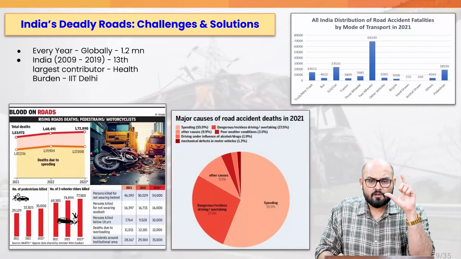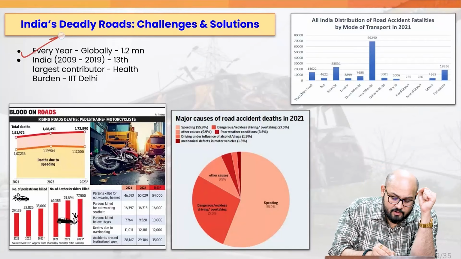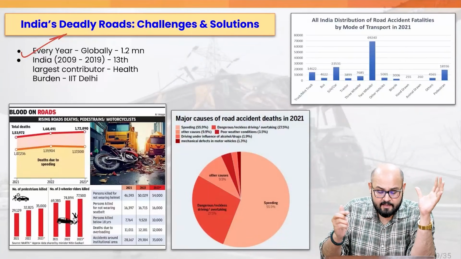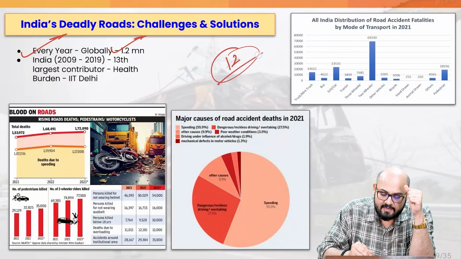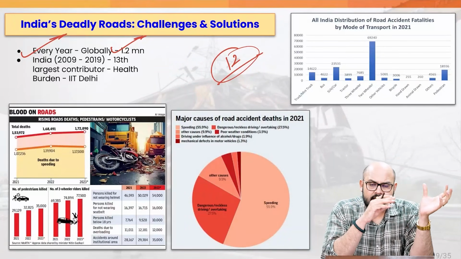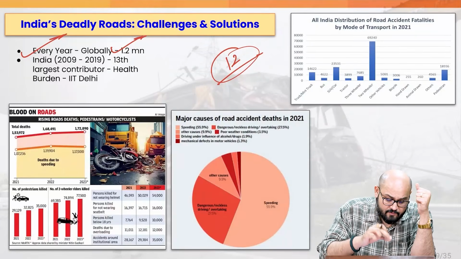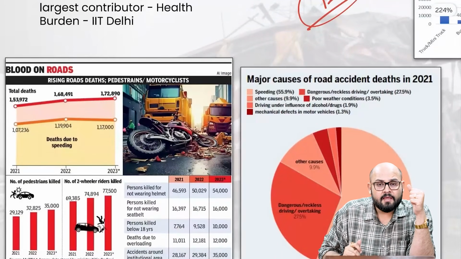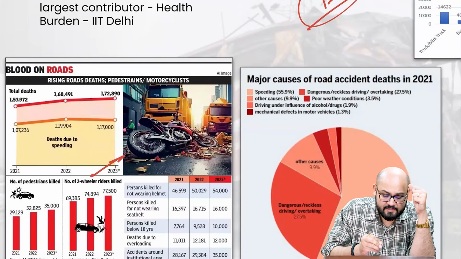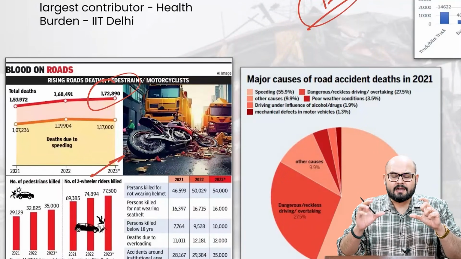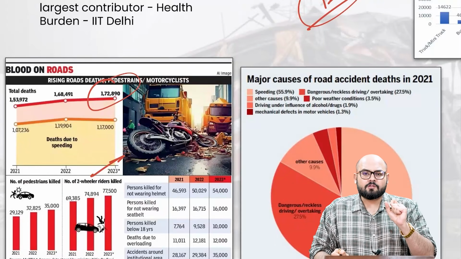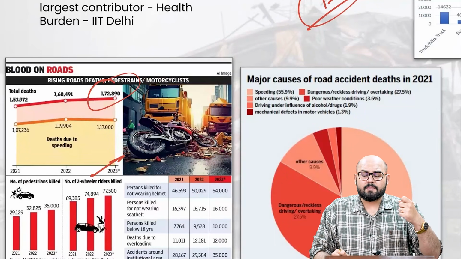According to the World Health Organization, every year globally more than 1.2 million people die, almost 12 lakh people, because of road accidents. In 2023 alone, more than 1.72 lakh people were killed in India. Again, this is a government estimate, so it may be conservative.